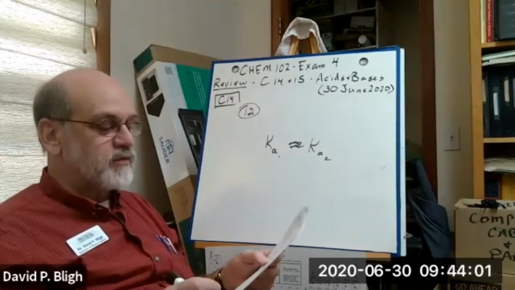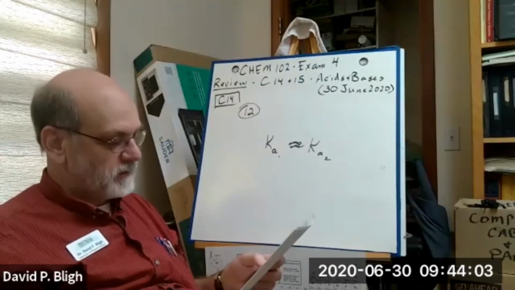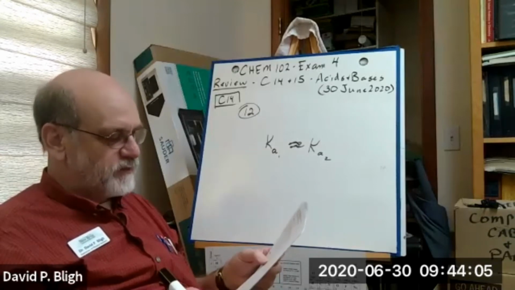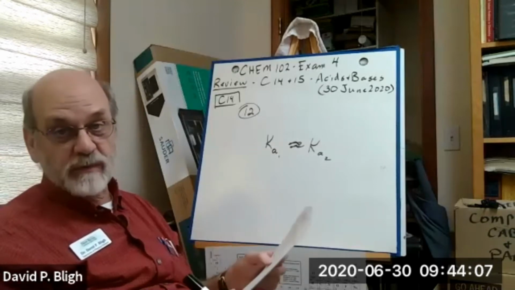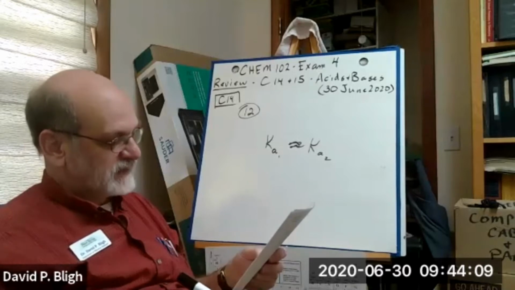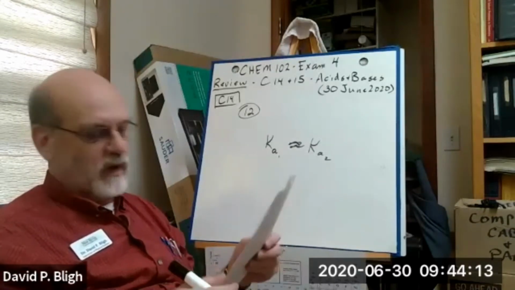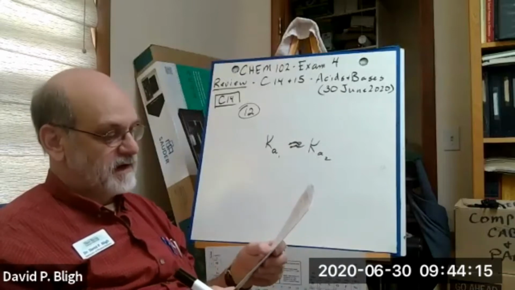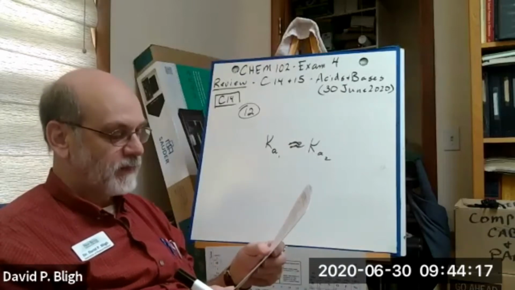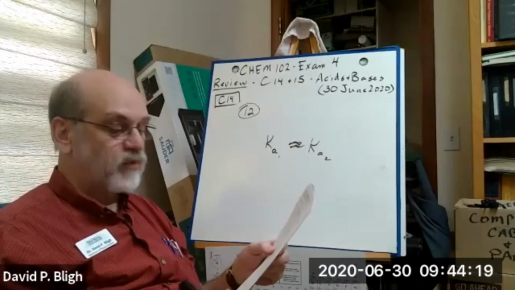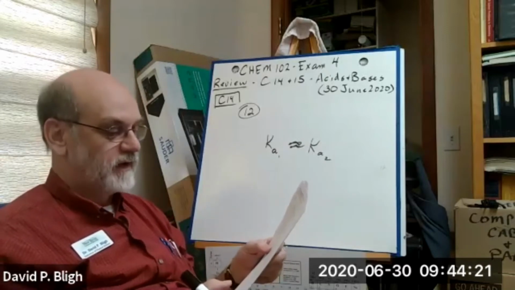A is -2, -7, not too far. B is -4, -8, that's 4 orders of magnitude. C, -4, -9, that's too far away. D, -3, -4. And the -4 is 9.3 times 10 to the -4.